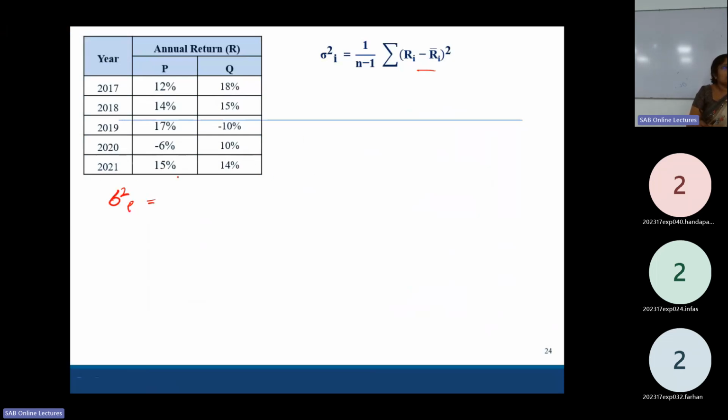First you have to work out the average. R bar, or average of stock P, is equal to 12 plus 14 plus 17 plus minus 6 plus 15, divided by 5. That is the average. So average of P and Q first you have to calculate.